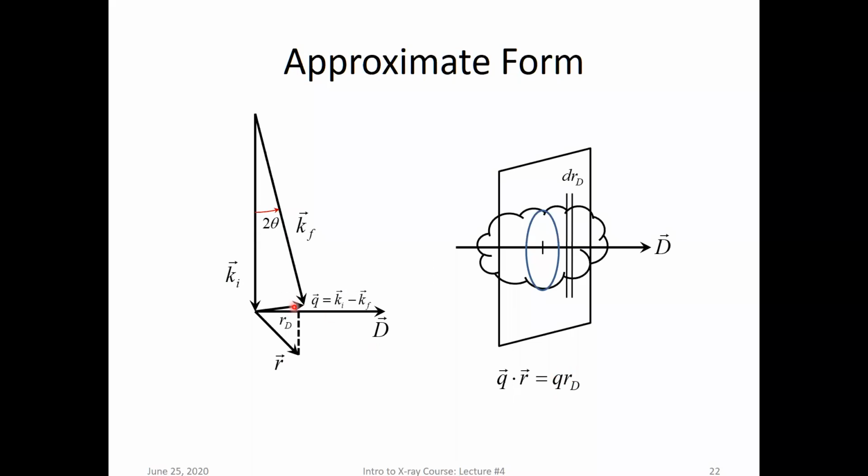But this angle here is going to be really small. If 2 theta is small, then this direction here is right along this direction. So I just make the approximation that they're parallel. And that's the small angle scattering limit. That simplifies my calculations a lot.